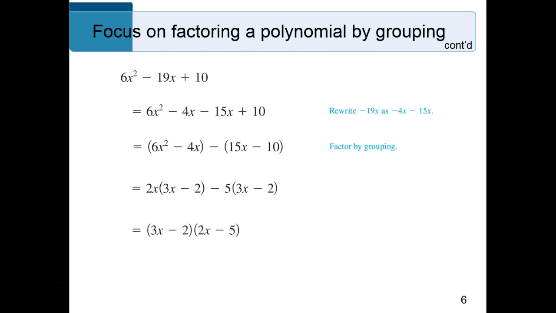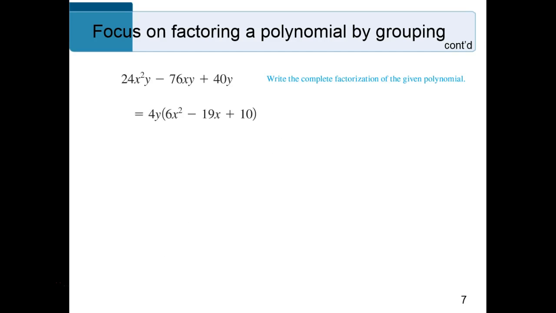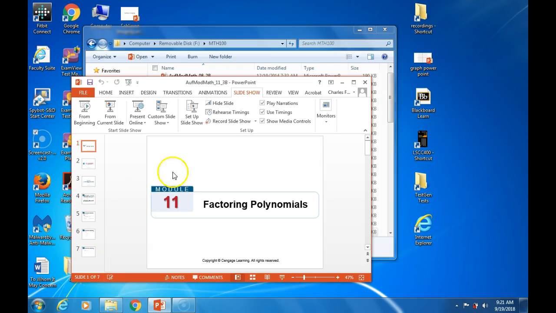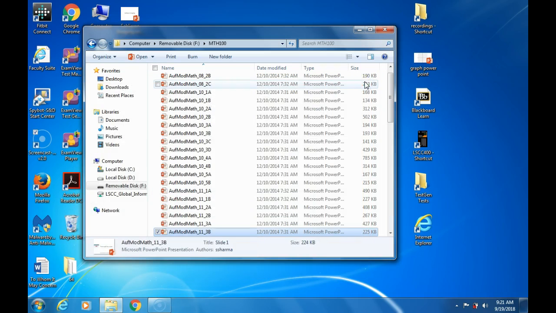And they got the quadratic to be 3x minus 2 times 2x minus 5. Then they put the 4y back in. Weird way to do it, but it works, and if you prefer that, go for it. I'm talking mostly to anyone watching this at home because you can't see what I'm talking about.